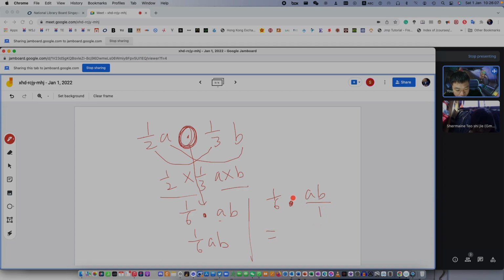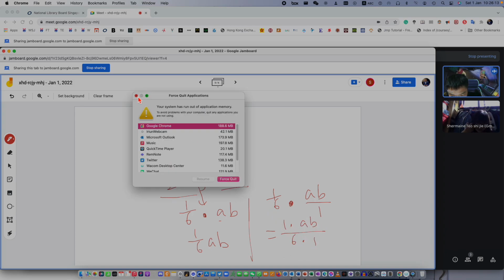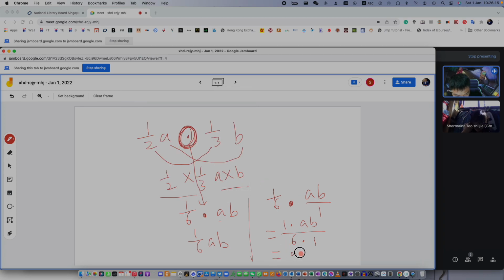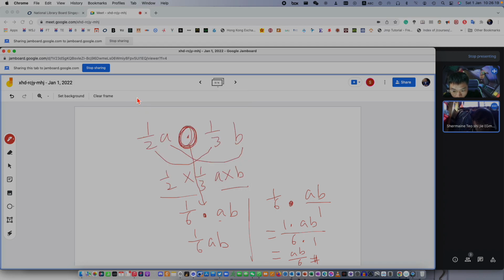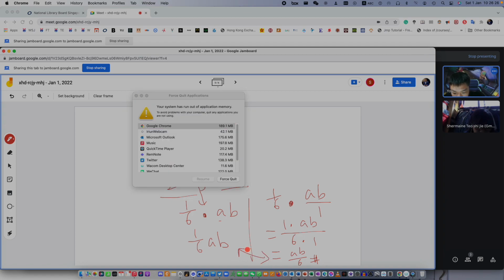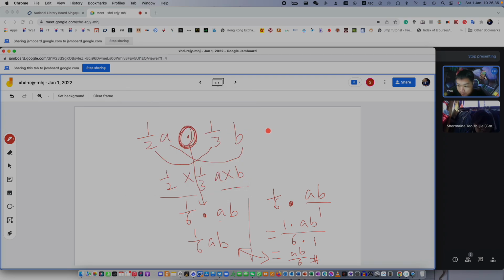So if you have this, you times the numerators together, you times the denominators together, you will end up with AB over 6. So are you clear? Yeah. Alright. Okay, so this is it. So these two are the same answer. All right, very clear. Yeah. Okay, good. So yeah, can we move on? Yeah.